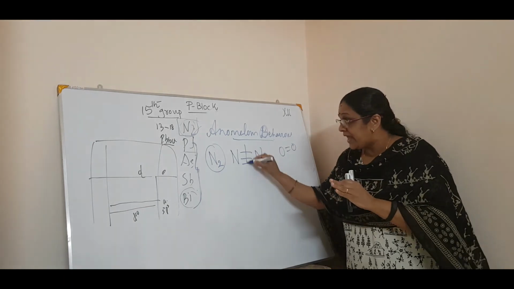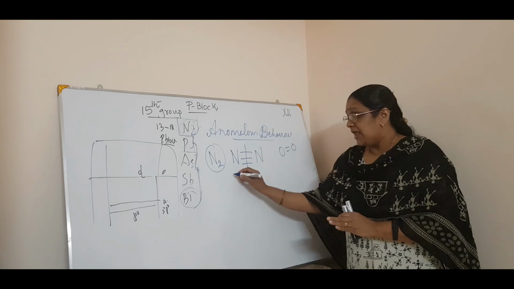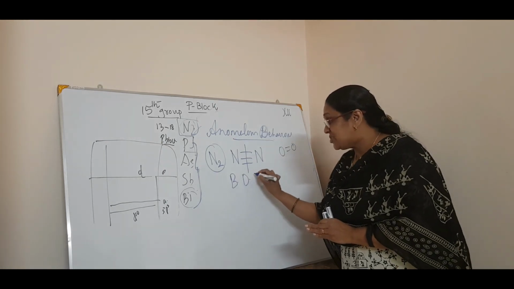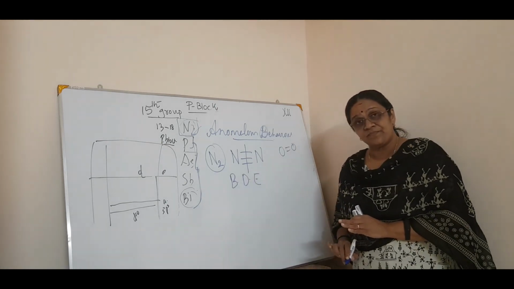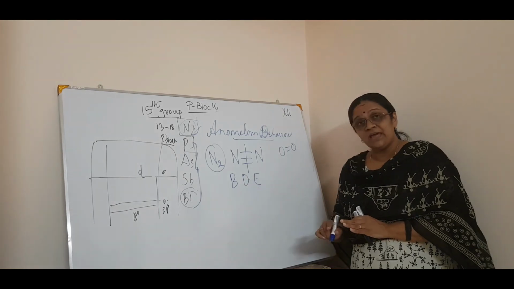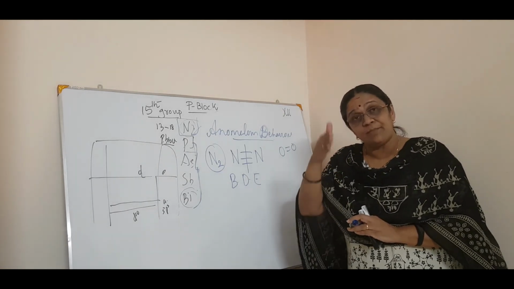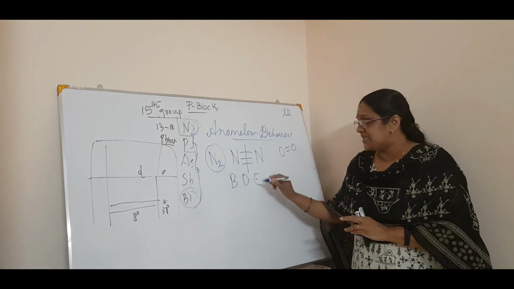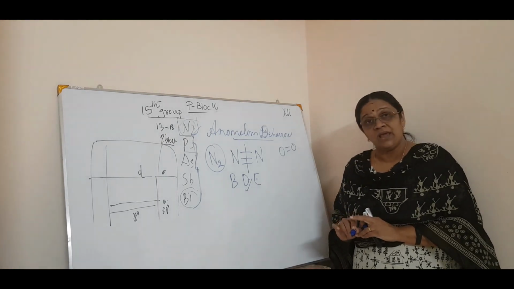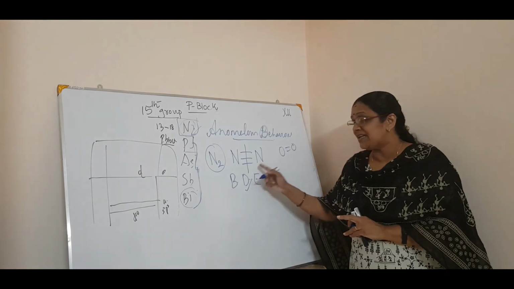In order to break these 3 bonds, the bond dissociation enthalpy, what is bond dissociation enthalpy? The enthalpy or the energy required to break or dissociate that bond is called bond dissociation enthalpy. Now what about nitrogen?